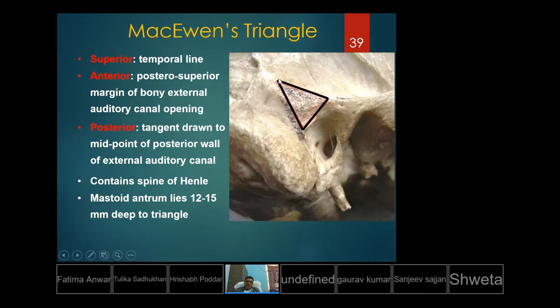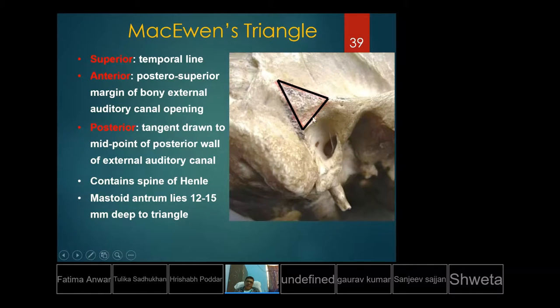Now, this is the temporal line, and the second line is just above the external acoustic canal, posterior to the posterior superior part of the external acoustic canal, and the third is a tangent that is drawn from the temporal line to the mid part of the posterior superior external acoustic canal. So these are important landmarks.